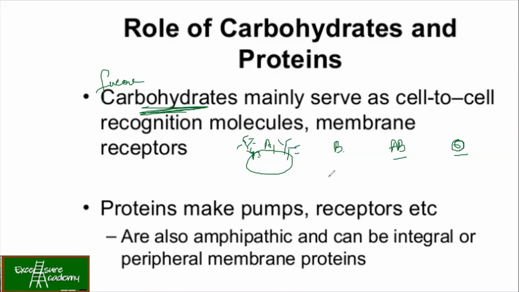Now, a cell which does not have these antigens A and B is your O. When the cell has both of these kinds of sugar, then it is AB. So these carbohydrates will be recognized by the antibodies. Antibodies के पास क्या है? वहाँ पे protein.